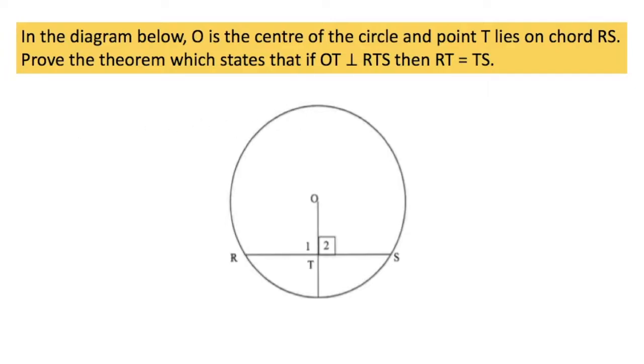So what you are required to prove is that RT is equal to TS. You'll be given a circle with a center and a line that is perpendicular to the chord. The square symbol is telling you that the line is perpendicular to the chord. Now we're going to move to the whiteboard to prove the theorem.